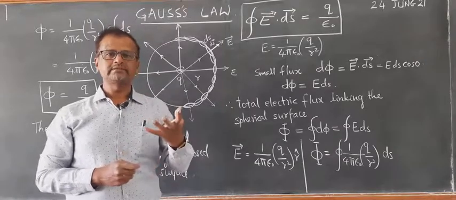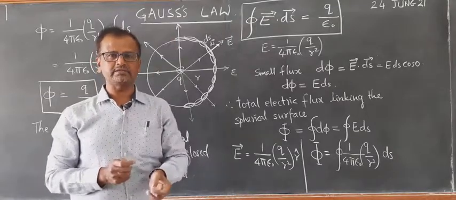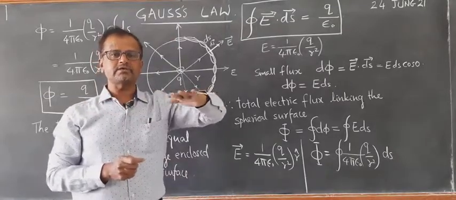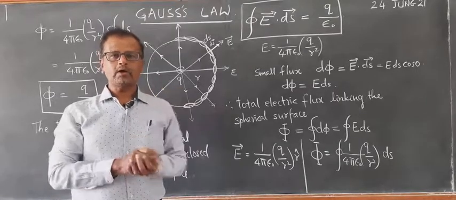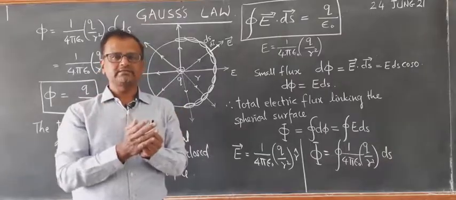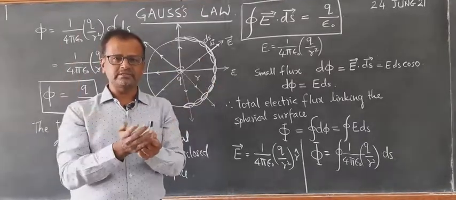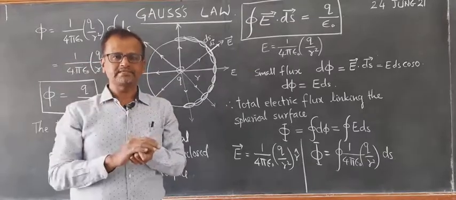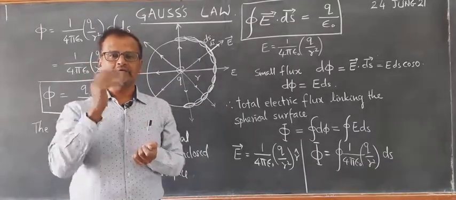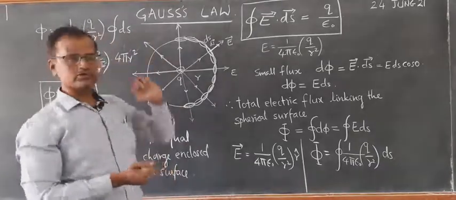Whenever there is a continuous distribution of charge, like linear distribution of charge, surface charge density, or volume charge density, surface charge density on a sphere, surface charge density on a plane surface, then we can calculate electric field due to such continuous distribution of charge using Gauss law.